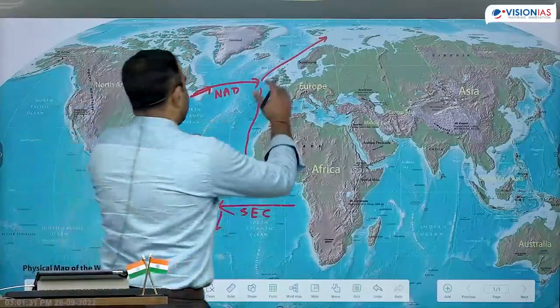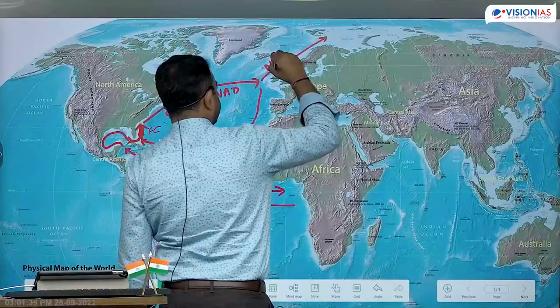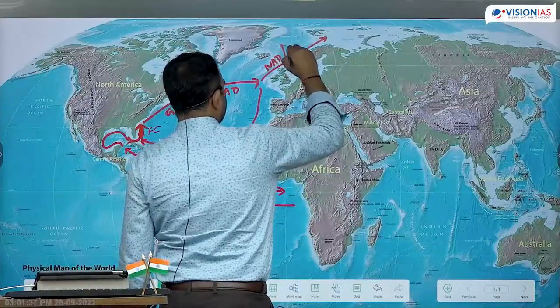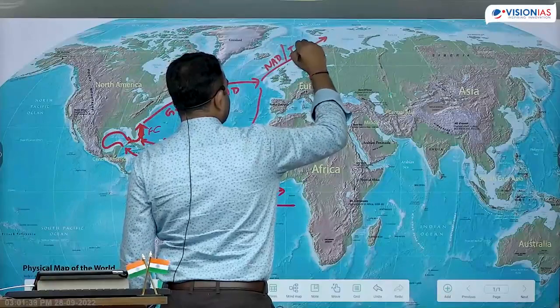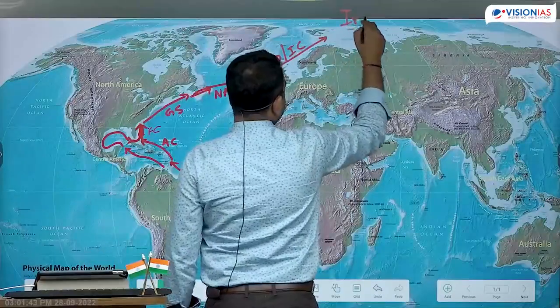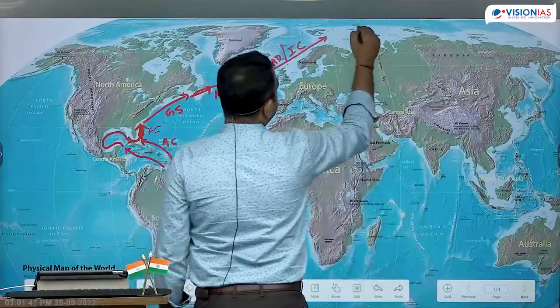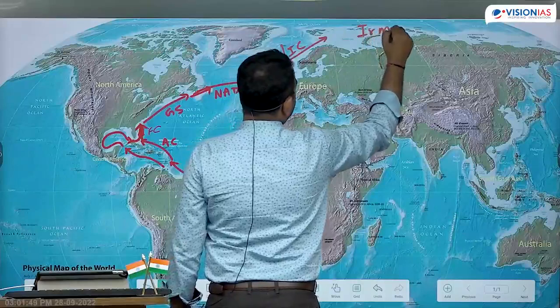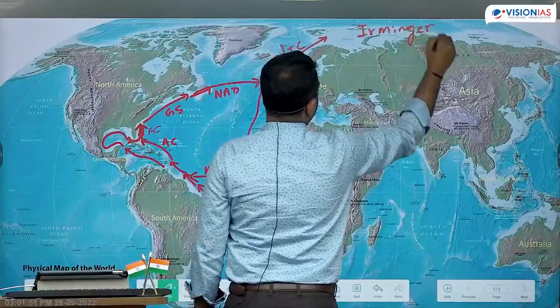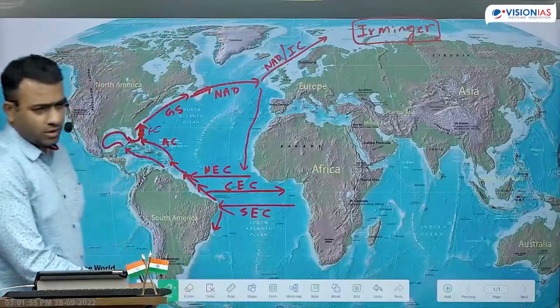So this northern part is called both the North Atlantic Drift and the Irminger current.